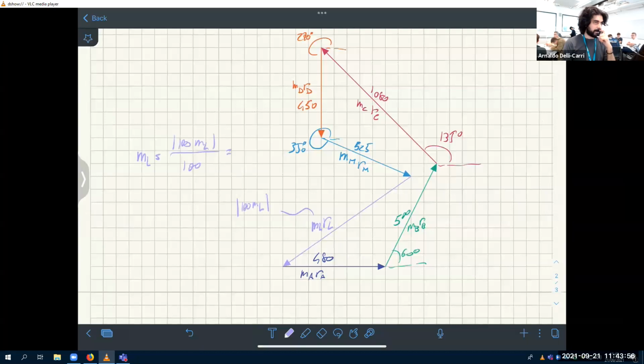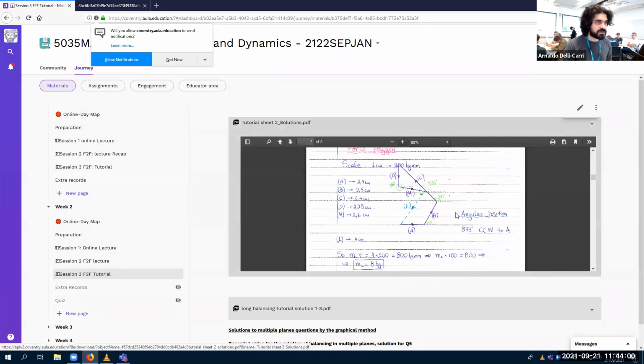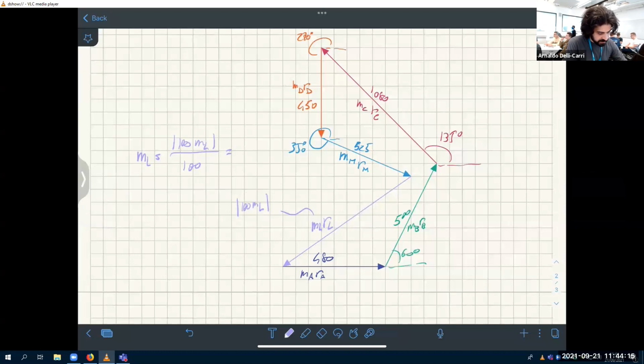This gives, according to the solution, yeah, it looks exactly like ours. Not exactly, but good enough. It's 8 kilograms and 233 degrees. It's about 8 kilograms. And this angle here, theta L, is 233 degrees, as measured.